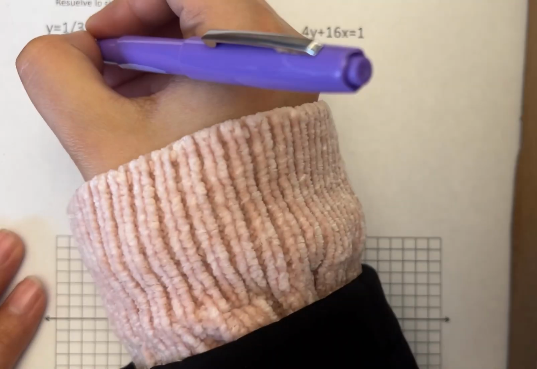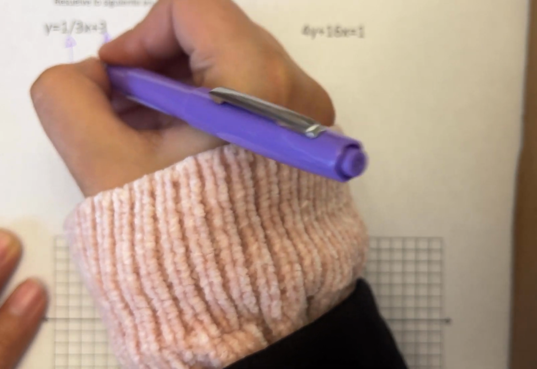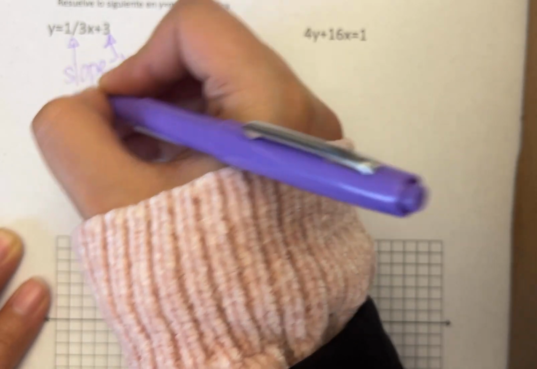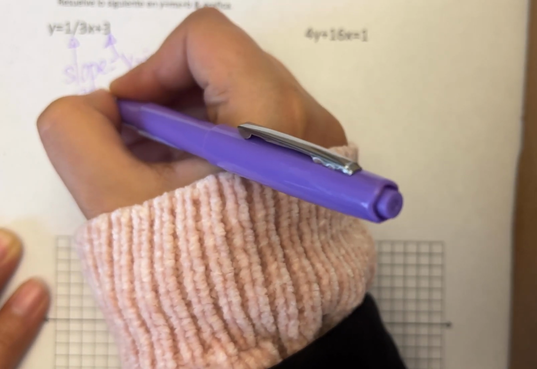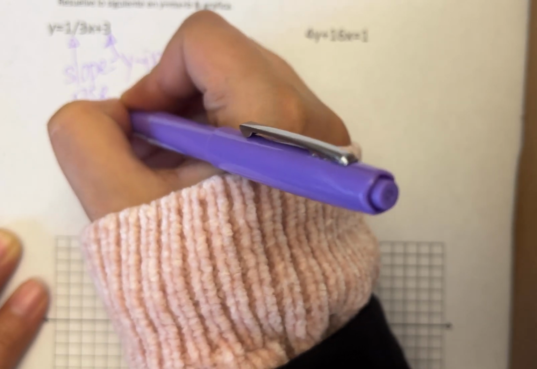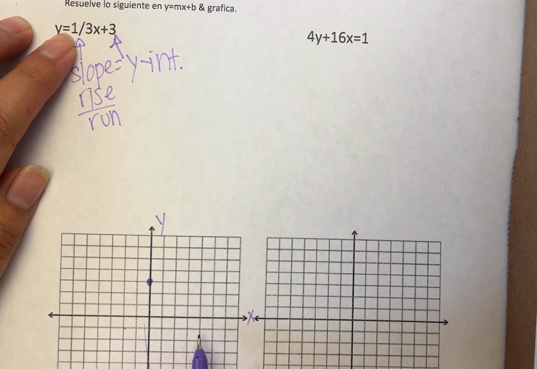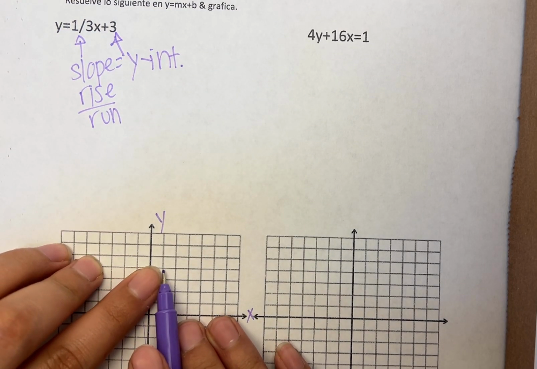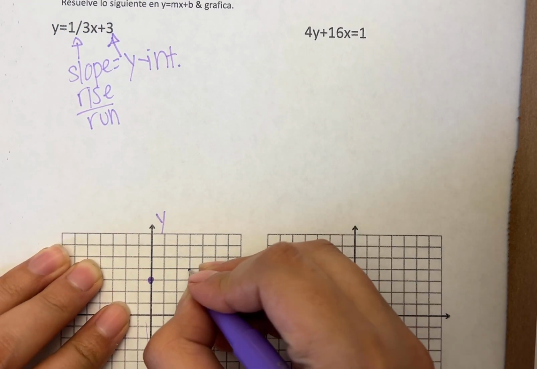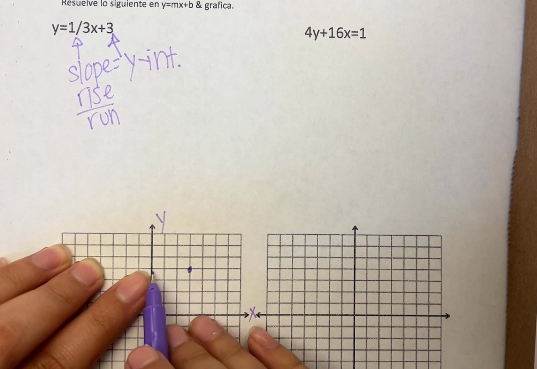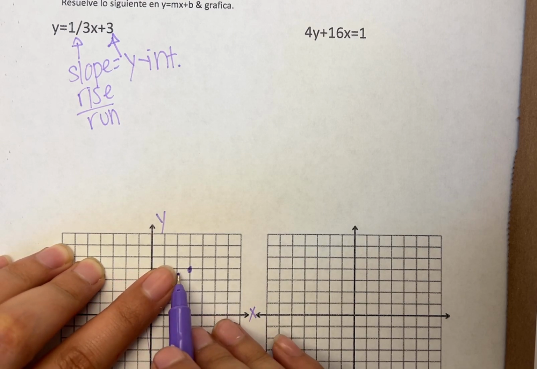Okay, this is my slope. My slope, how much I rise over how much I run. ¿Cuánto subo contra cuánto corro? Este dice que vas a subir 1 y vas a correr 3. So this one tells us it's going to go up 1 and you're going to go over 3.